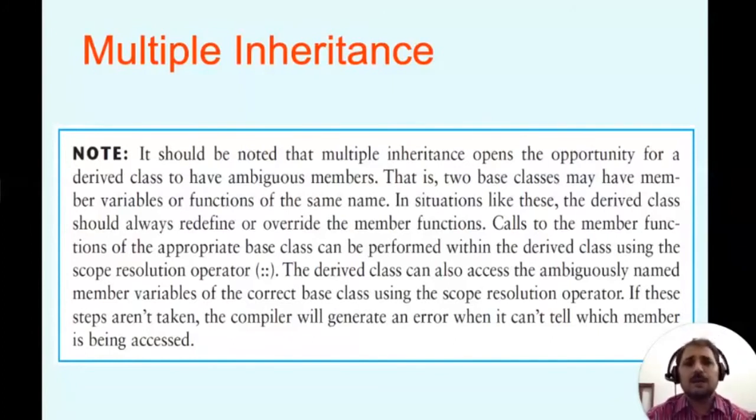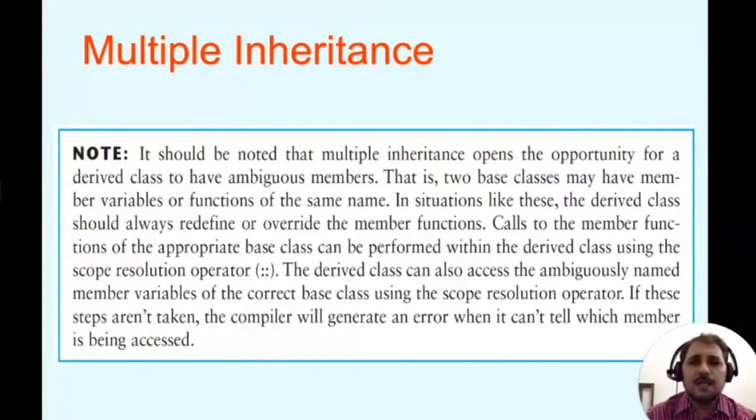And if there are no virtual functions, then simply overriding can solve this problem. Meaning to say that the derived class will define the same ambiguous functions with the same name but with its own details. Calls to member functions of the appropriate base class can be performed within a derived class using the scope resolution operator. So the second solution is that the derived class can call the base class functions or data members with the scope resolution operator.